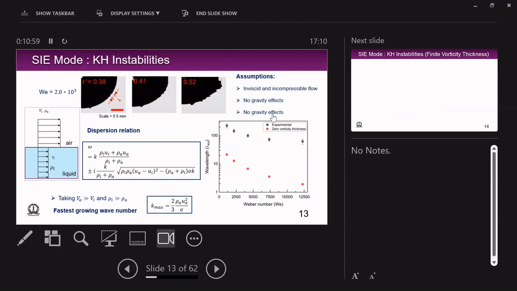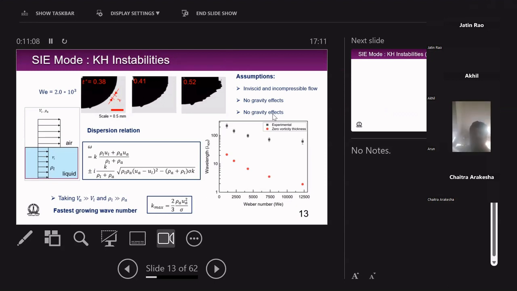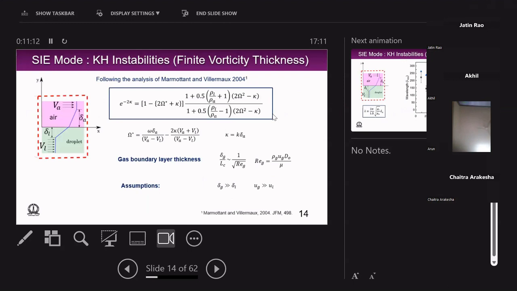And it turns out that for different Weber numbers, the experimental data and this theoretical data do not match, right? So what we did immediately after this, because of these assumptions, is we took into account what we call the vorticity layer thickness. It's essentially the boundary layer. So the velocity is actually relaxed and you match the velocity at the interface, but that matching happens over a certain length scale delta A, right?